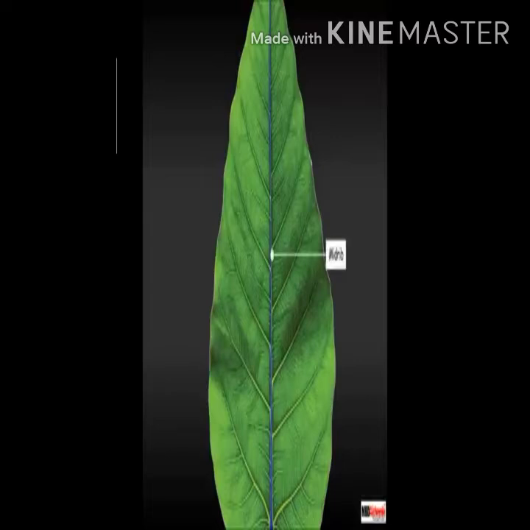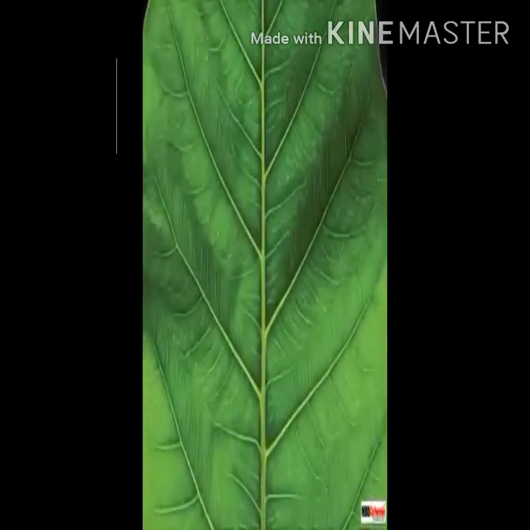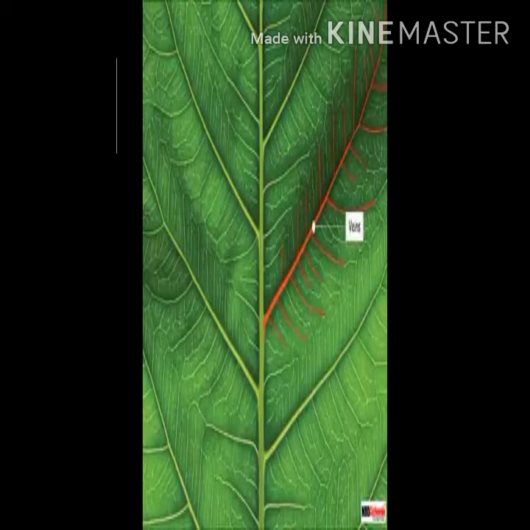This is the central vein, also known as the midrib. There are numerous tiny lines that run throughout a leaf. They are called veins. All these veins, along with the midrib, provide shape and support to a leaf. They also carry water to the different parts of a leaf.